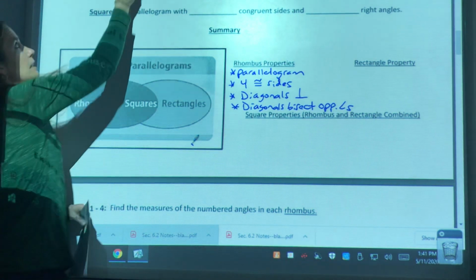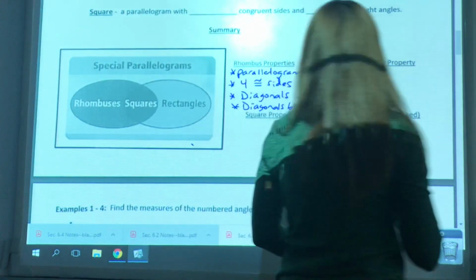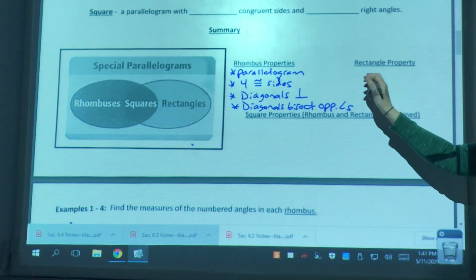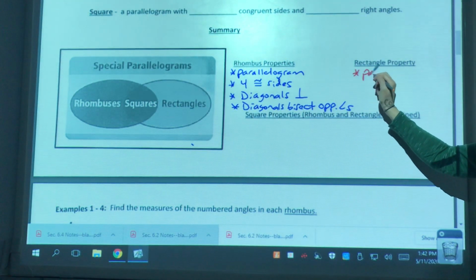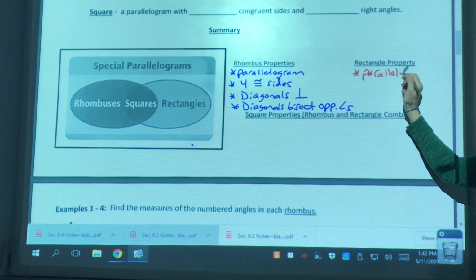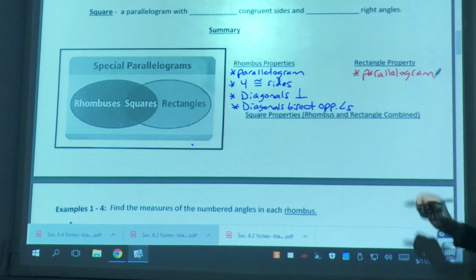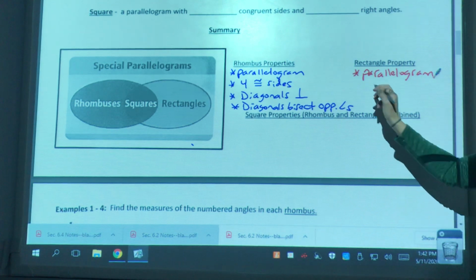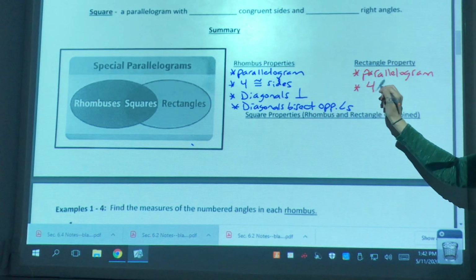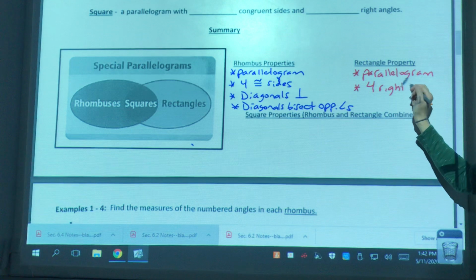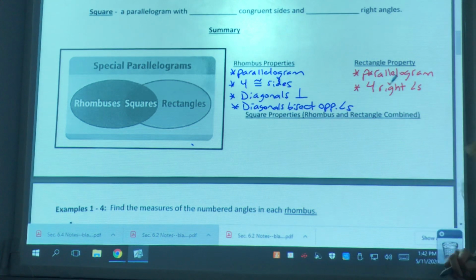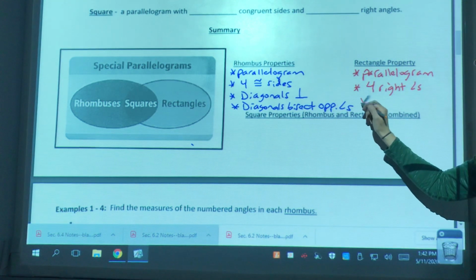Okay, for a rectangle, the things that we said were that all the parallelogram properties apply. We also said that a rectangle has 4 right angles, and then we also said the diagonals are congruent.